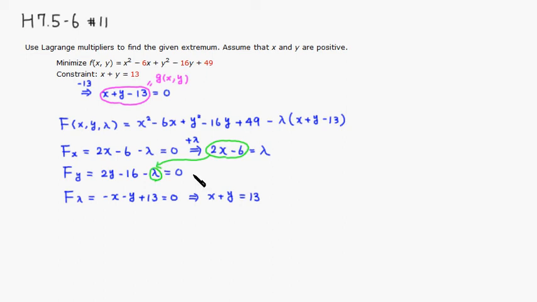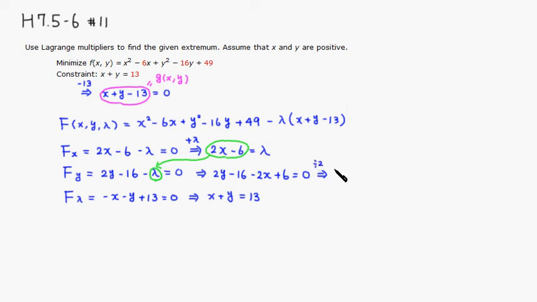So you have 2y minus 16, minus 2x, minus negative 6, so plus 6, equal to 0. Let's clean it up a little bit. I'm going to divide by 2 because everything is even.